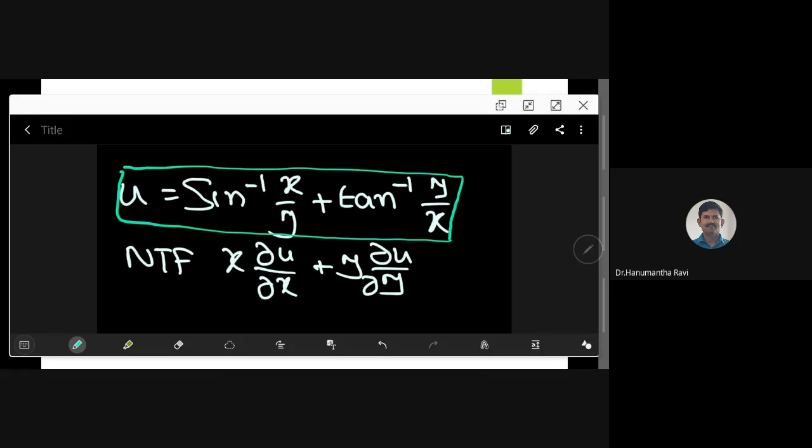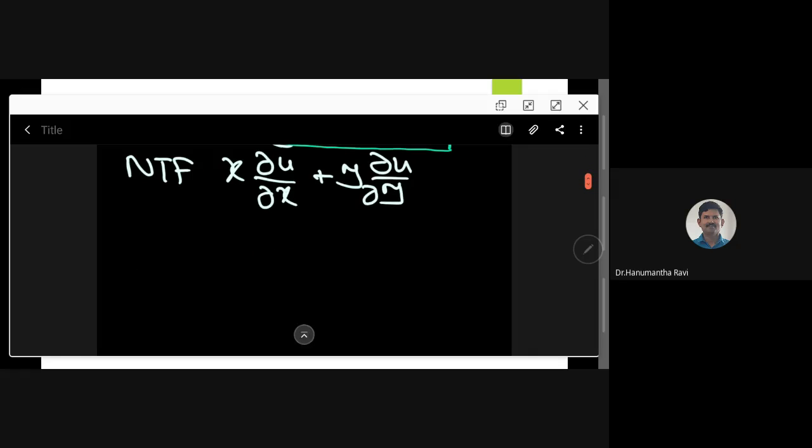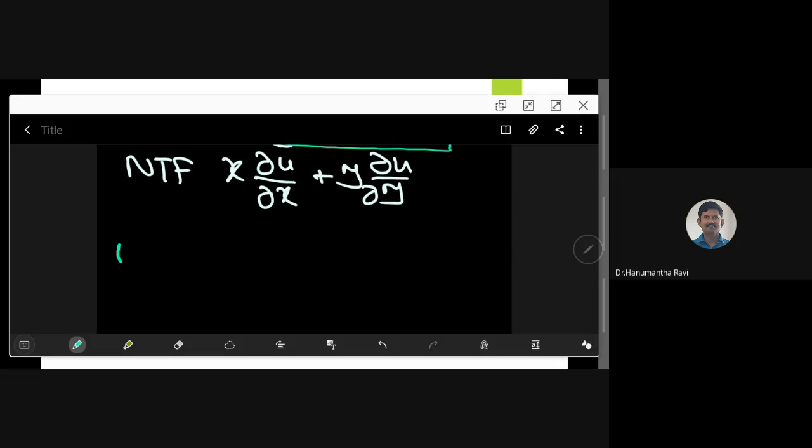Now for this to be a homogeneous function, one needs to calculate u of tx comma ty.